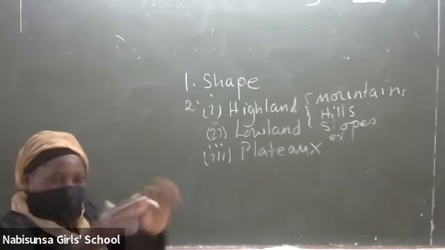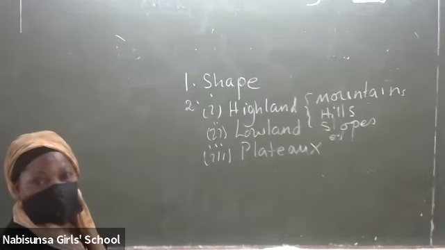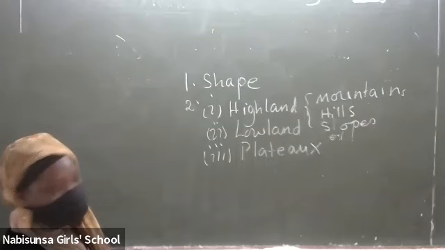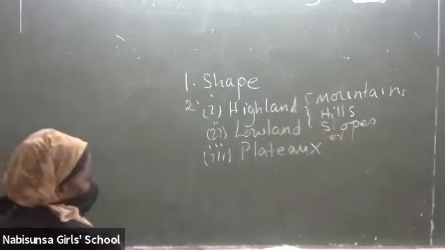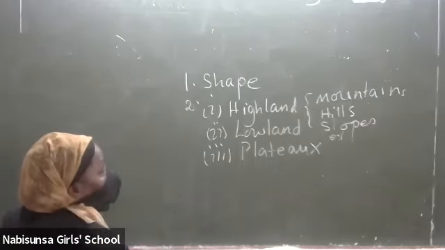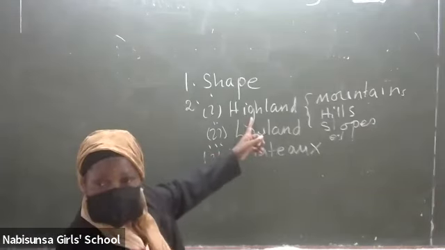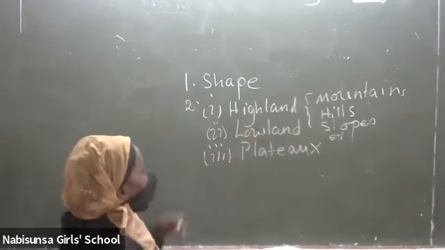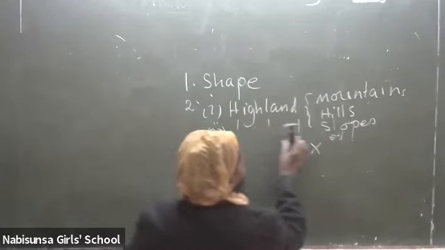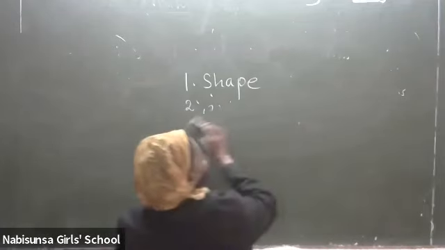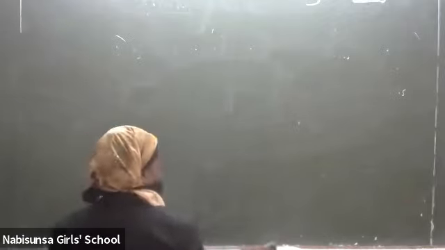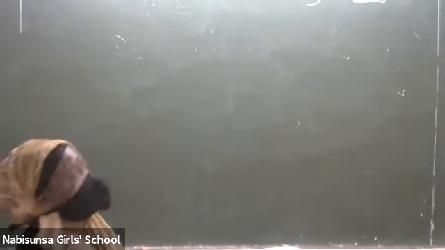Then we will go to the regions which we will study next time, inshallah. Now, when we look at the highland areas, we start with the mountains. You are writing down a few things; you have that in your books.